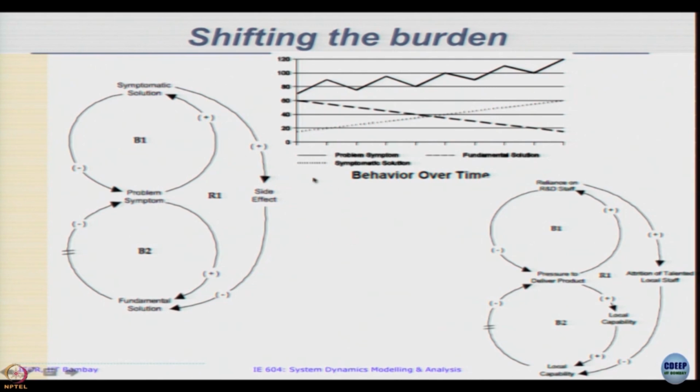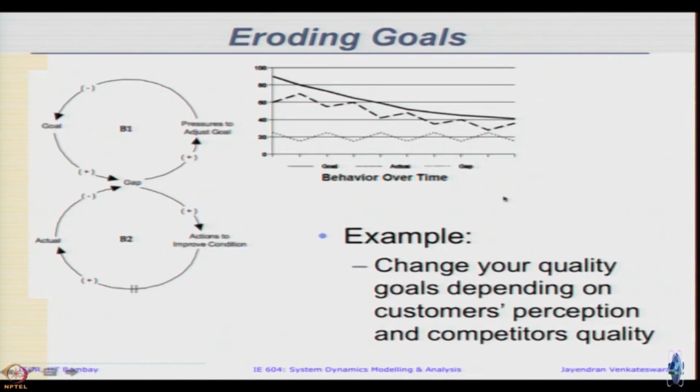So, the problem symptom keeps appearing again and again in this kind of sawtooth pattern, and the symptomatic solution, initially we may do some solution, again and again we know that the solution does not work. So, it keeps reducing and the fundamental problem keeps increasing.